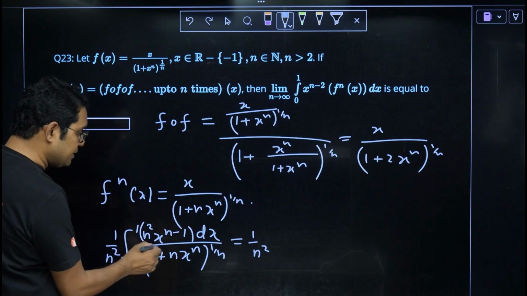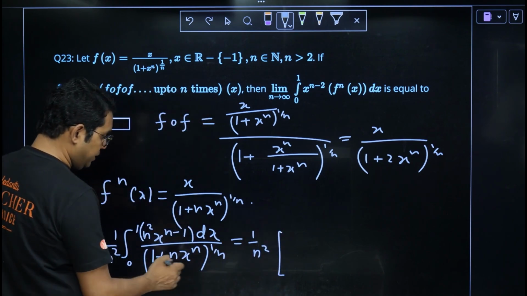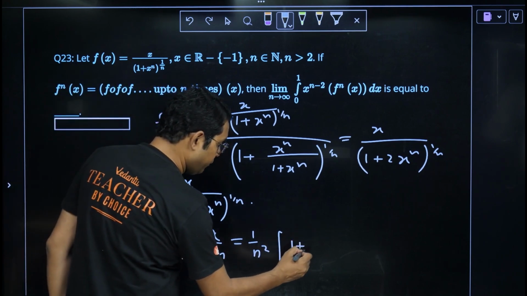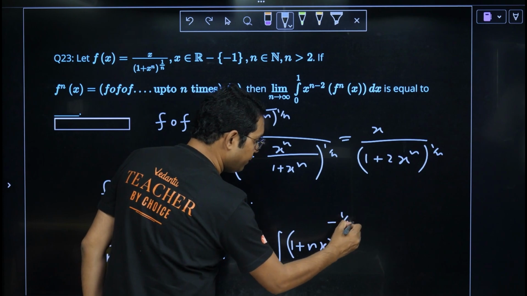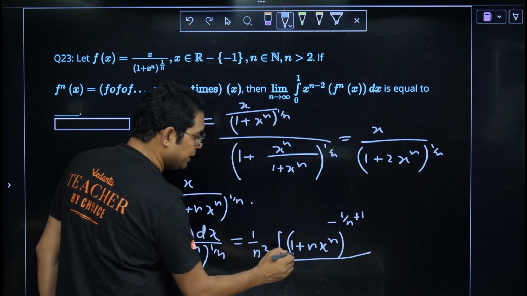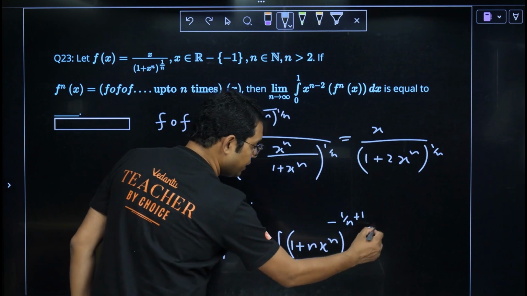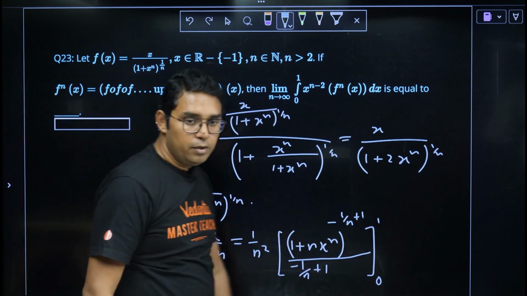Now if this is the derivative of this thing, I think we can do the integration directly. The power of this is, as of now, minus 1 upon n. So it will be (1 plus n x power n) raised to minus 1 upon n plus 1, that formula of integration, divided by minus 1 upon n plus 1, and limit is from 0 to 1. Okay, this is what we have to calculate now.